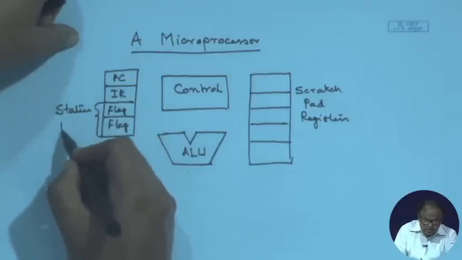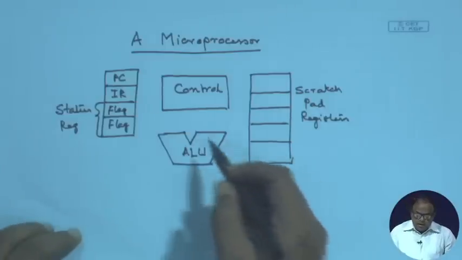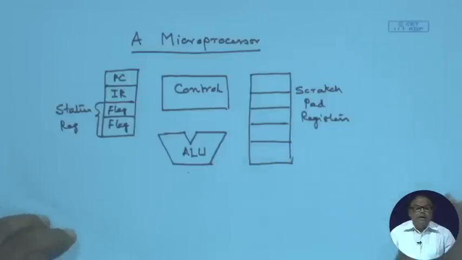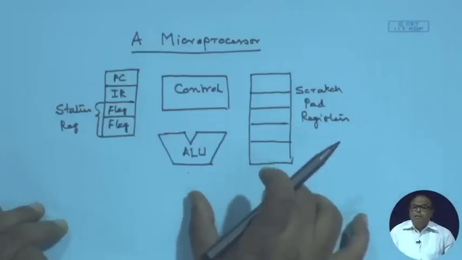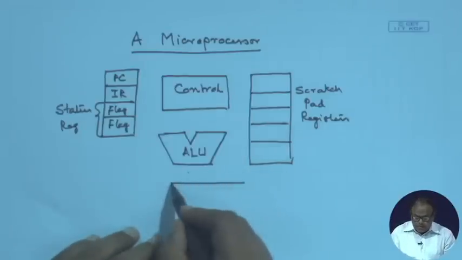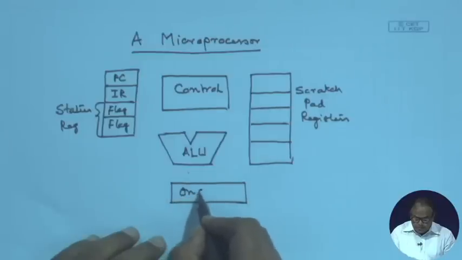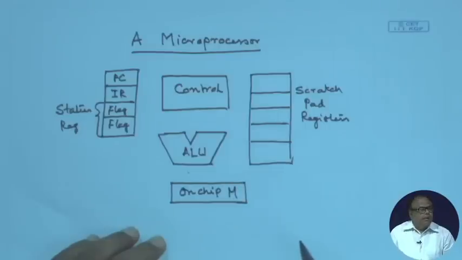Besides these, in the modern microprocessors, there may be some on chip memory, okay, some on chip cache, there may be some on chip memory. On chip memory, right.